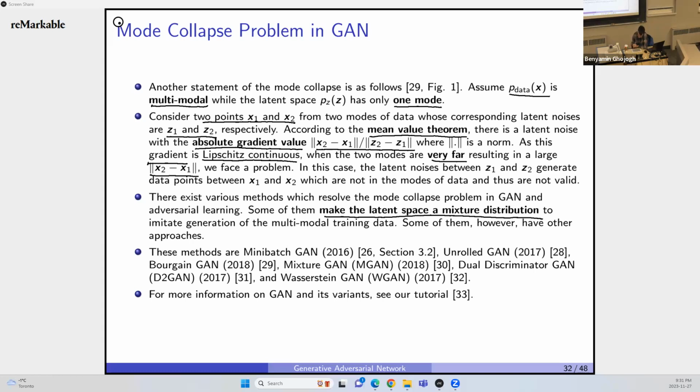There are some other methods too, such as minibatch GAN, unrolled GAN, BourGAN, mixture GAN, dual discriminator GAN, D2GAN, Wasserstein GAN, WGAN. All of them I have explained in our tutorial paper. You can see the details in our tutorial paper.